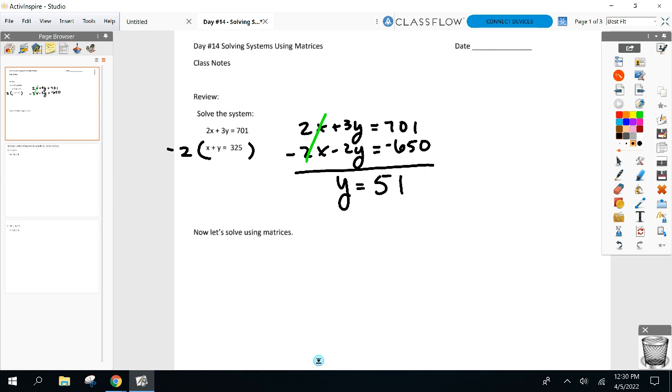All right, a little extra help now. How can I get the x value? It doesn't matter which one. Pick whichever one you want to substitute 51 in for. Probably the second one, right?